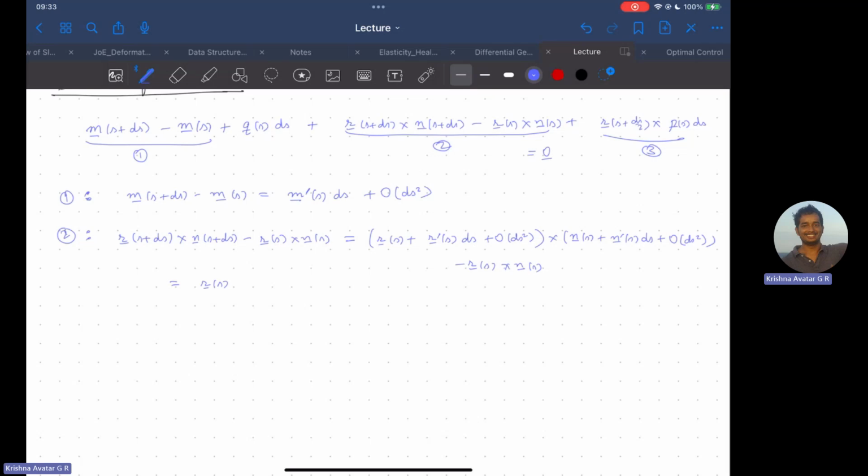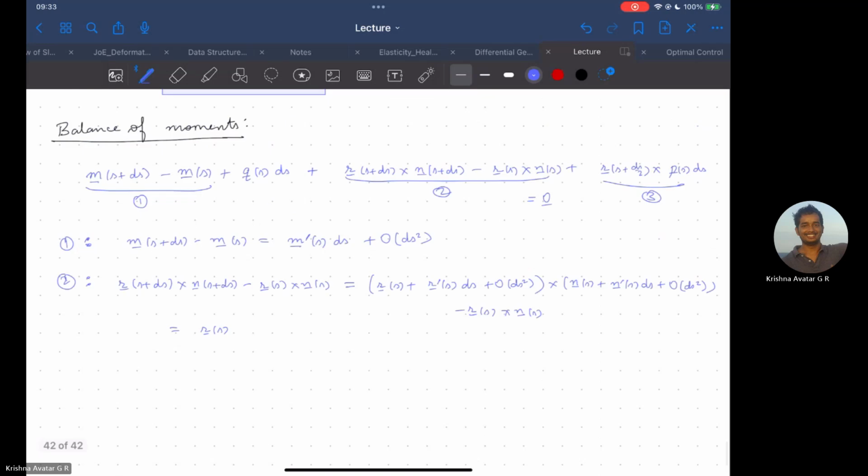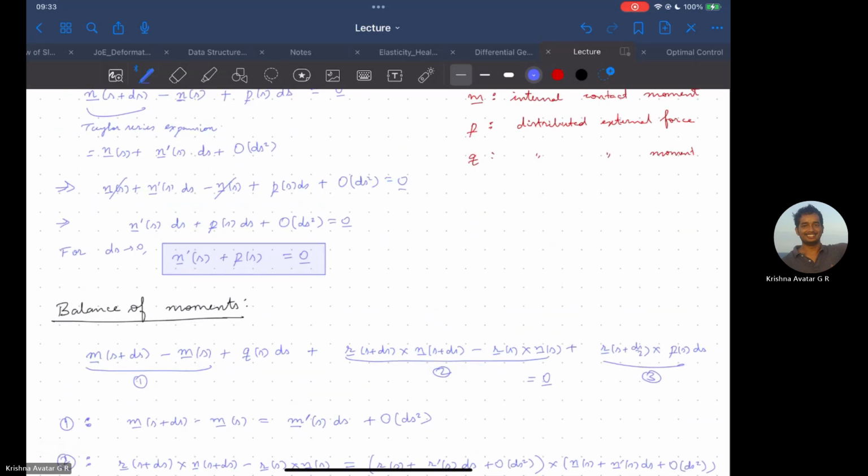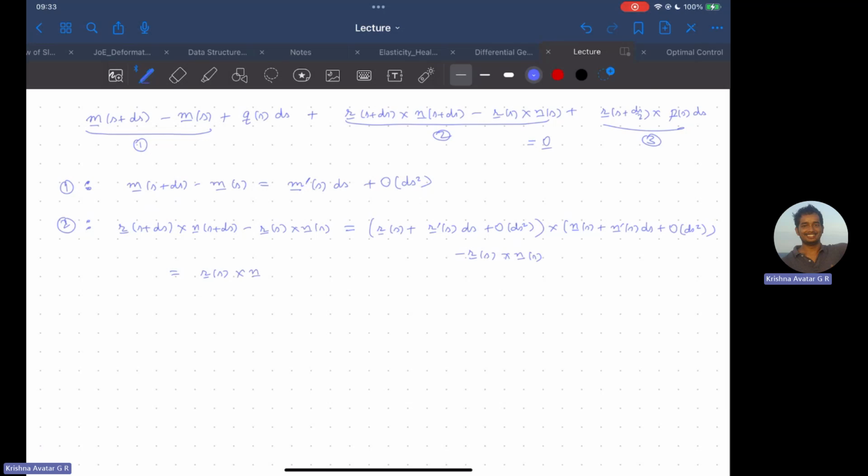So we'll have r vector of S cross n vector of S plus r vector of S cross n prime of S ds plus r vector prime of S cross n vector of S ds, plus all these higher order terms, so order of ds squared.